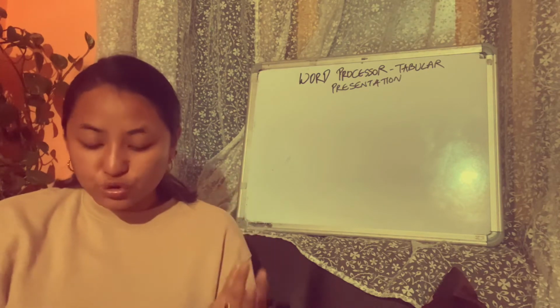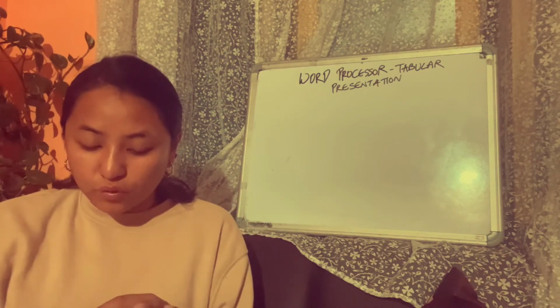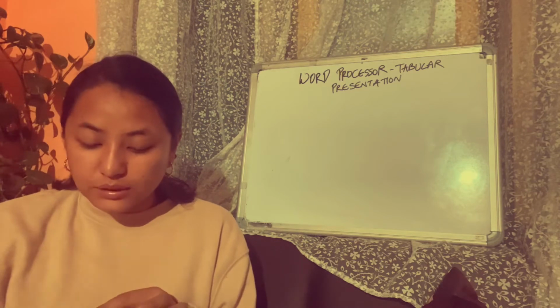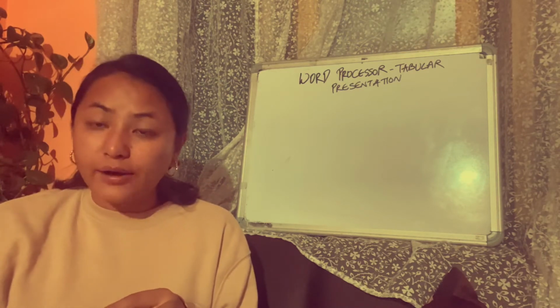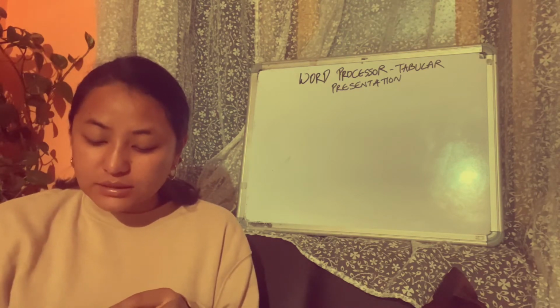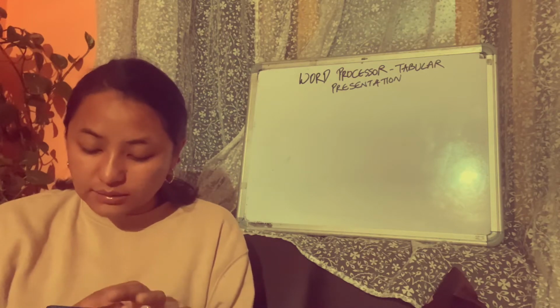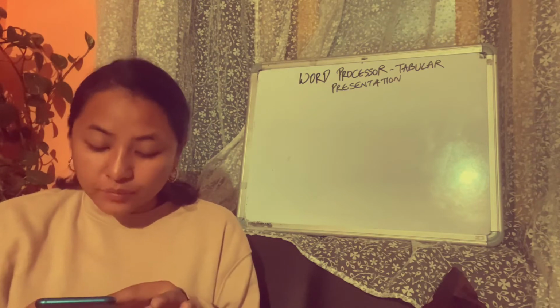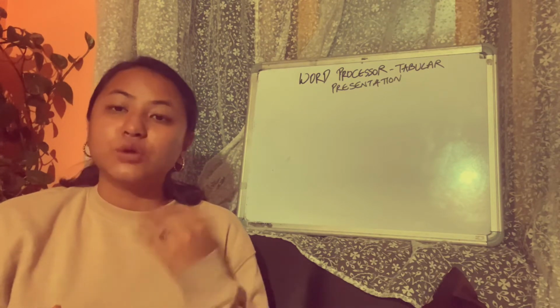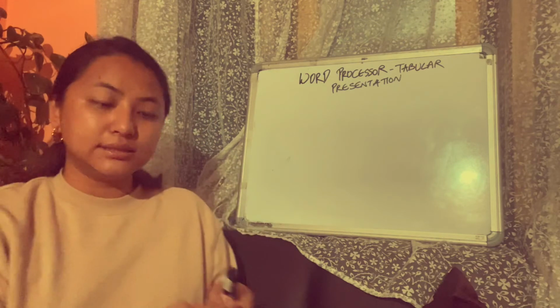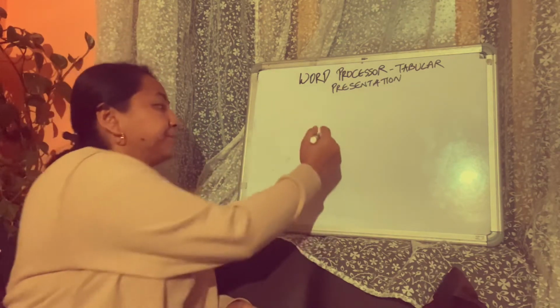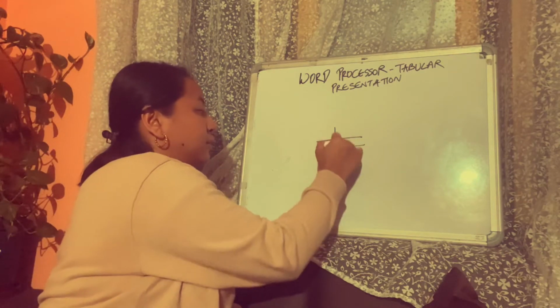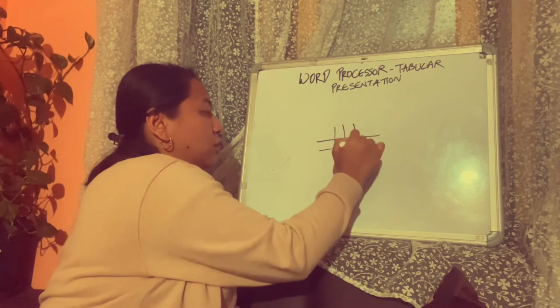If you go to page number 24, it's written: a table is an organized arrangement of data, text, numbers, pictures and other objects which consist of a number of rows and columns. As we all know, a table is created by rows and columns.